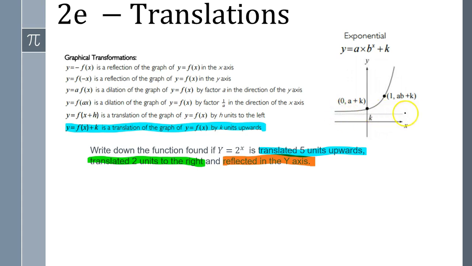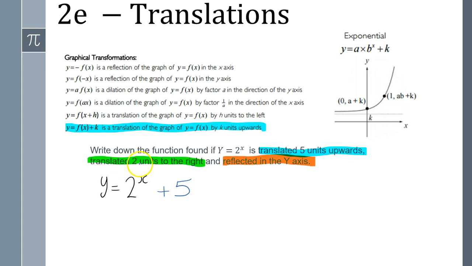Here, k is the asymptote. Okay, and the asymptote is the k off the end. So my function has now changed to y equals 2 to the power of x plus 5. Okay, that'll move my whole function up 5 places, 5 units.